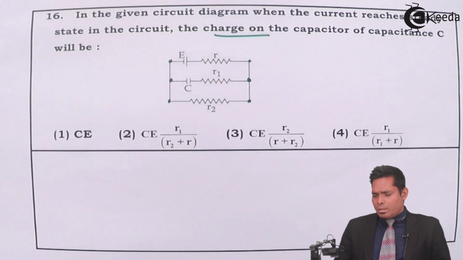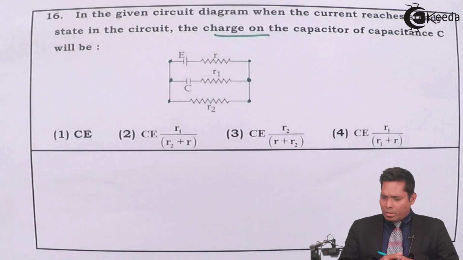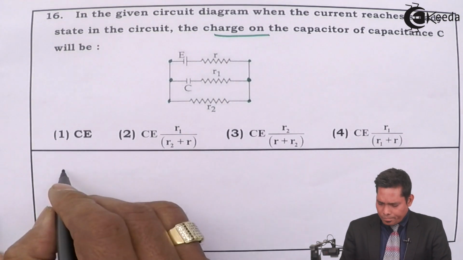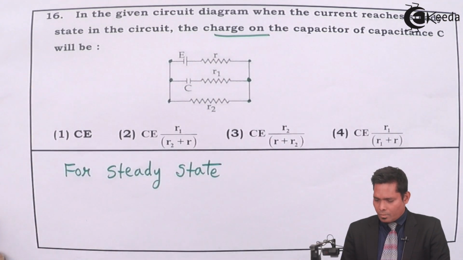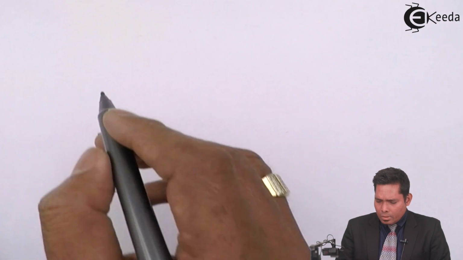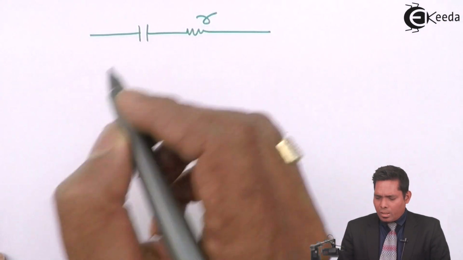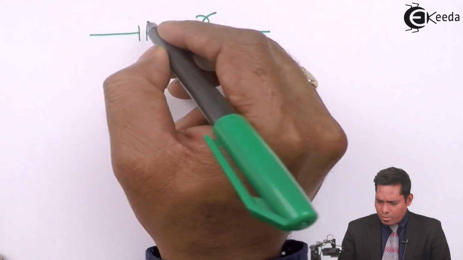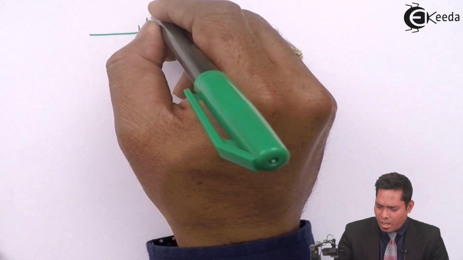So initially, I will draw a diagram for steady state. The diagram will be like this. The battery has resistance r, or it may not be internal, we don't know, but suppose this is internal resistance, obviously, because this is E and r.